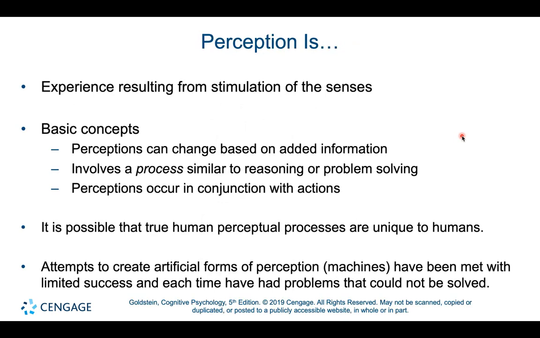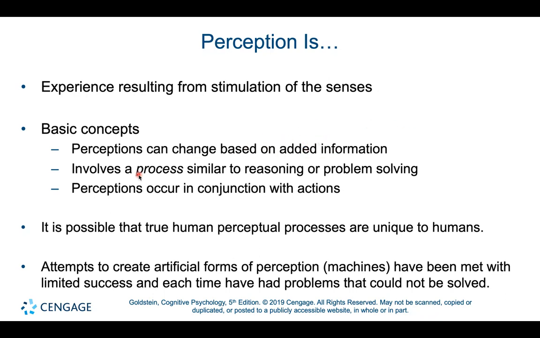Okay, so now that we've illustrated those examples a little bit, let's define what perception is. Perception, very simply, is your conscious experience that results from stimulation of your senses. So some of the basic concepts that we need to understand about perception is that perceptions can change based on additional information, right?